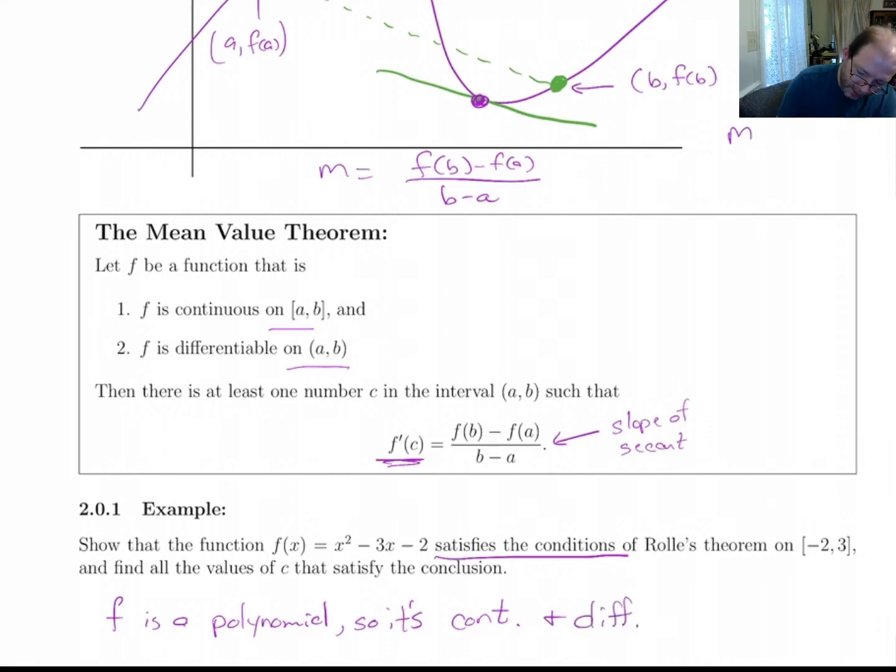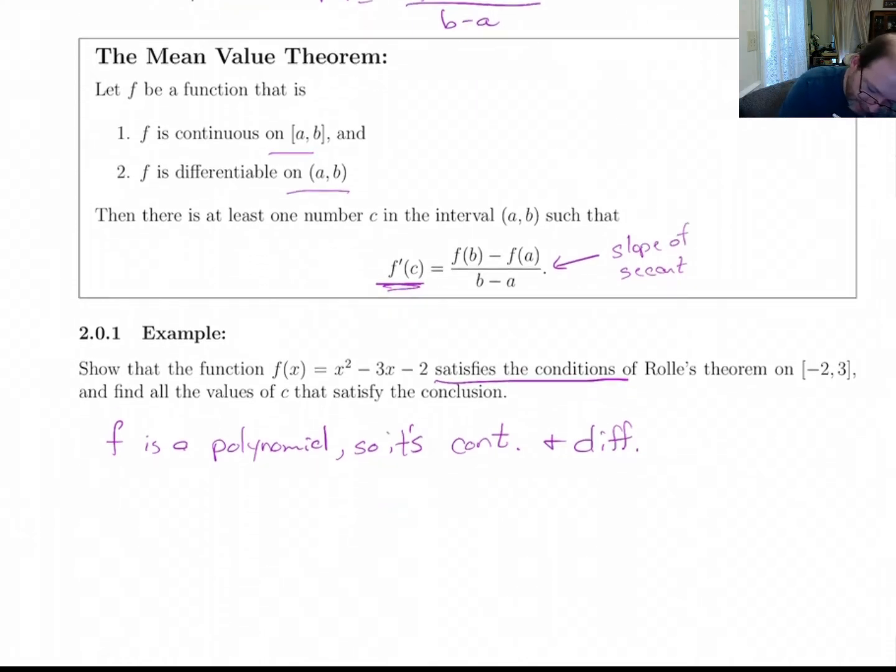All right, so now what we have to do is find the values that satisfy the conclusion. And just realize this says Rolle's theorem, but it's supposed to be the mean value theorem, because it doesn't satisfy Rolle's theorem on this interval, and we'll see. f of -2 is my a and f of 3 is my b.